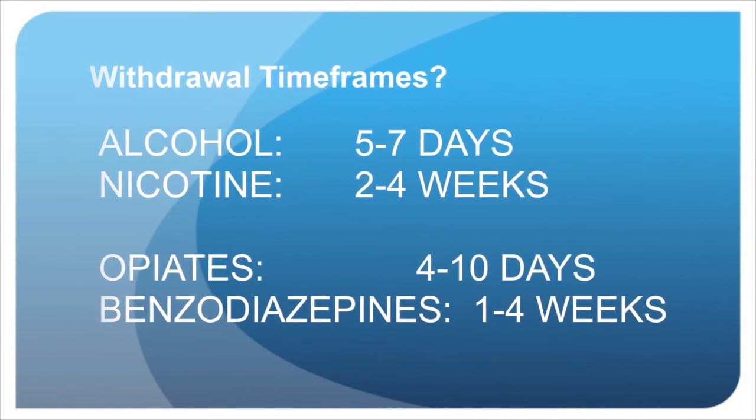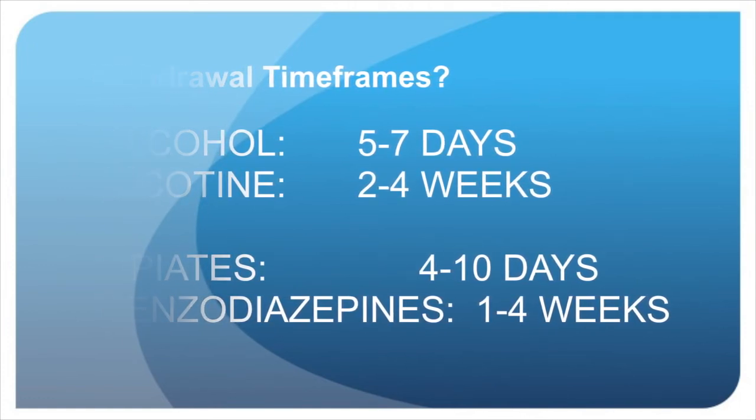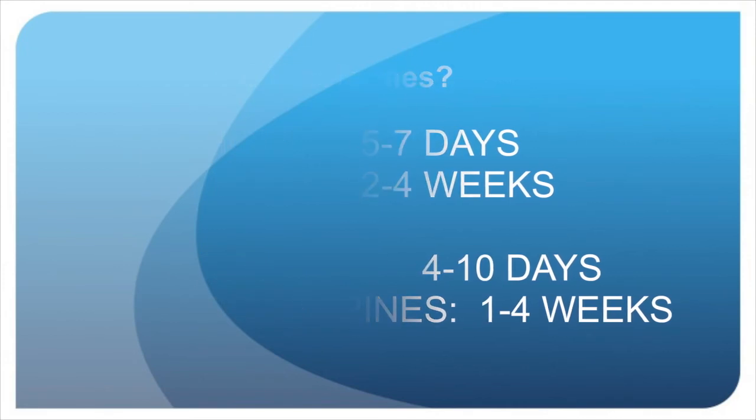And for the benzodiazepines, such as diazepam and alprazolam, it's 1 to 4 weeks. As you undertake medication reduction as part of the pain management program, you're likely to experience a limited number of these withdrawal symptoms. It's important to report these symptoms back to the program instructors so that they can be aware of what you're going through.